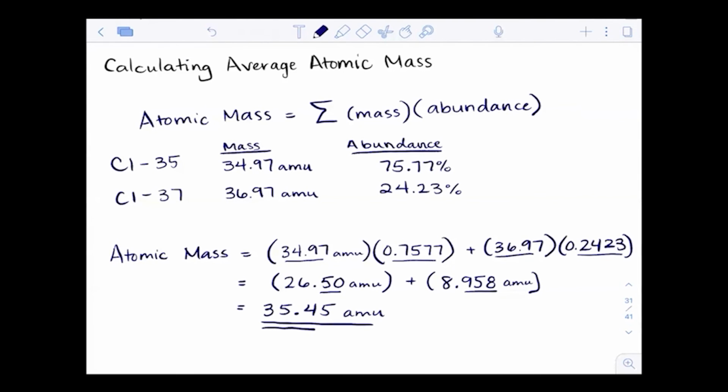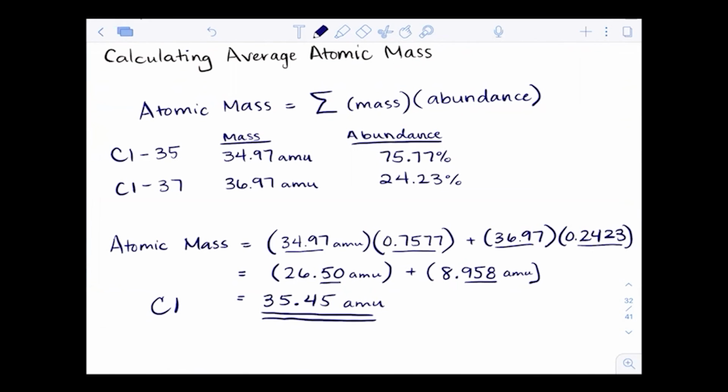So there is our calculated atomic mass for chlorine. Not chlorine 35, not chlorine 37, the average atomic mass for the element chlorine. All right, so that's why it's important to be able to use this value on the periodic table and to be able to calculate it from given data.